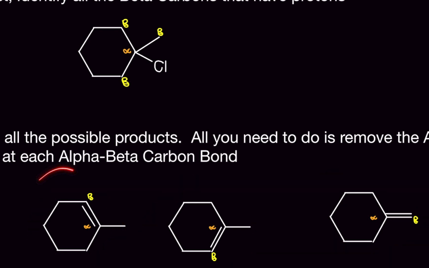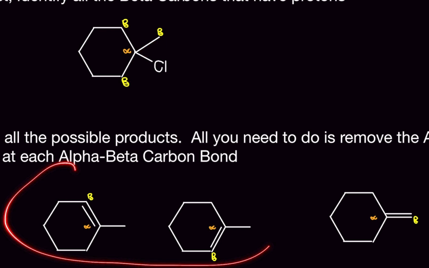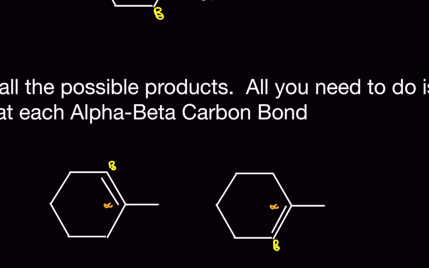Once again, this one corresponds with this, and this one corresponds with this. You will notice that this one and this one are actually identical. They're the same thing. Just because the double bond is in a different place, it's still in the ring. It's still the same molecule. So in other words, these are equal, so we really don't care about them. We just care about one of them. We can pick either one; it does not really matter.